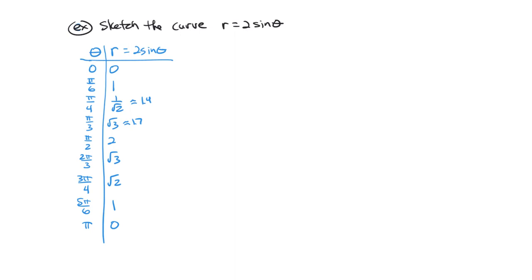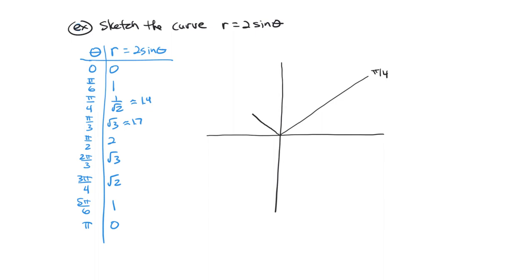All right, so the way we do this is you're going to make this graph. I don't know if you've ever seen polar graph paper. I haven't seen it in a while, but I've seen it before. It will have these markings on it, like pi over 4 coming out here, and the equivalent thing in each of the quadrants.